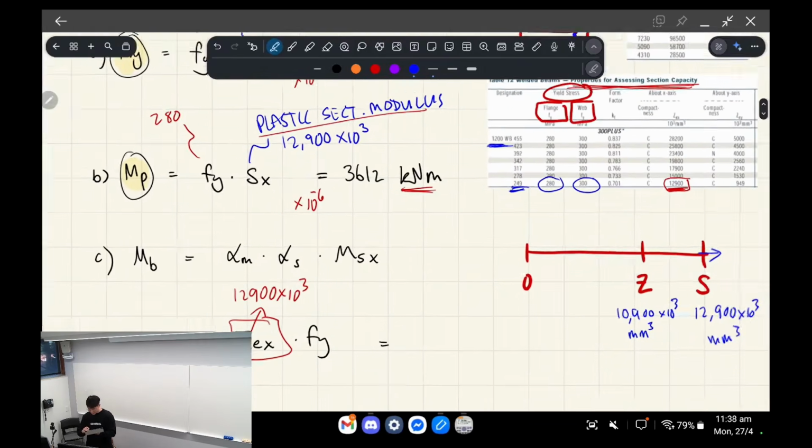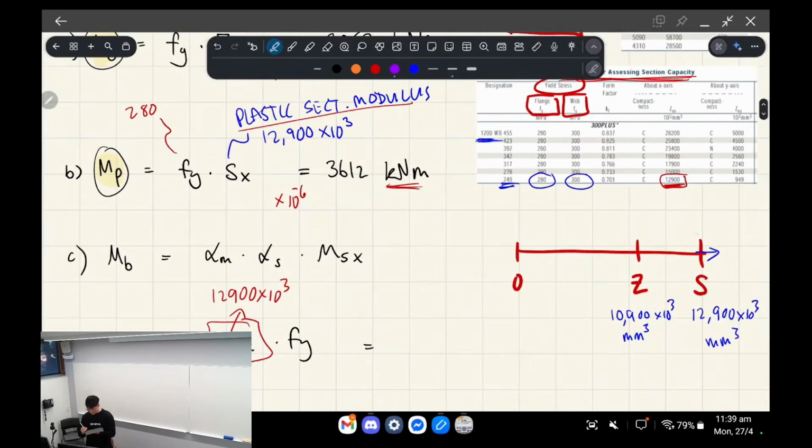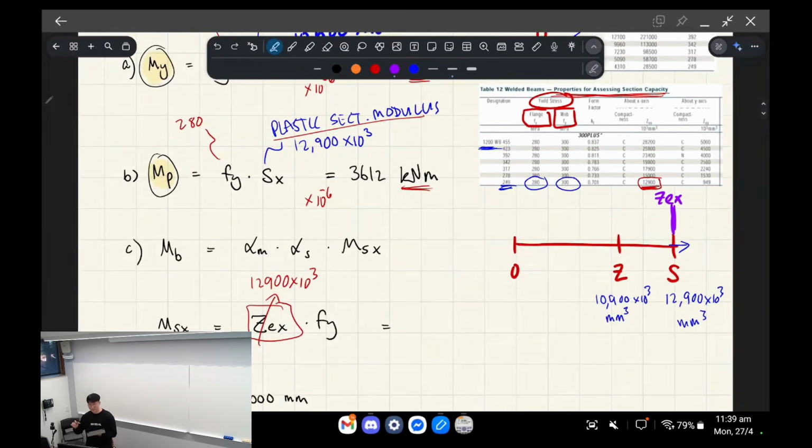Okay. The idea is that if you have a compact section, your ZEX is going to be equal to your plastic section modulus. And that's the upper cap for if you have a compact section and it doesn't locally buckle. Okay, so that's what the C refers to. It means that ZEX is SX.